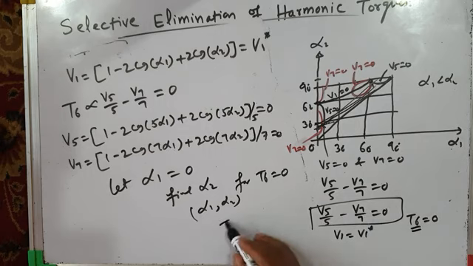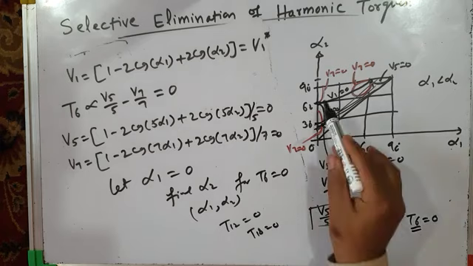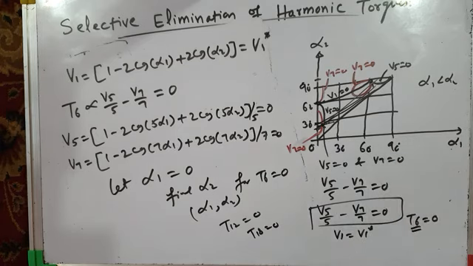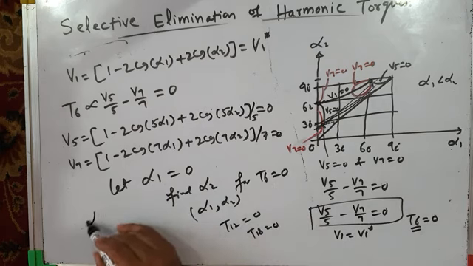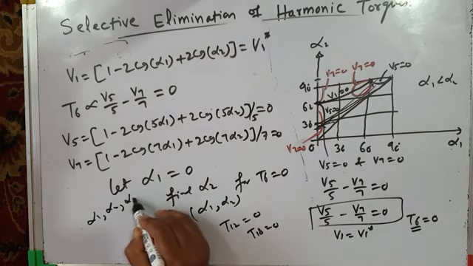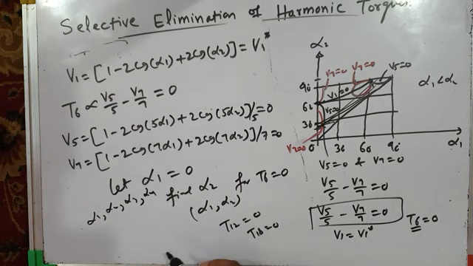Similarly, if you have to eliminate 12th harmonic torque also, or 18th harmonic torque also, you will have more equations and you have to solve them. So instead of a switching angle plane, you will get three-dimensional spaces, 3D spaces, and there you have to solve for, say, alpha 1, alpha 2, alpha 3, alpha 4 in such a way that the difference between the voltages is 0, and V5 by 5 minus V7 by 7 equal to 0 for elimination of T6.